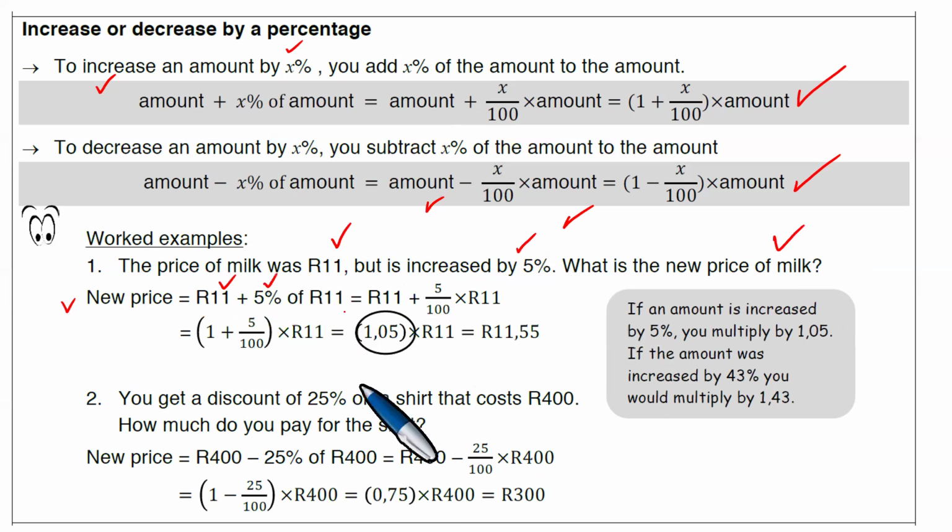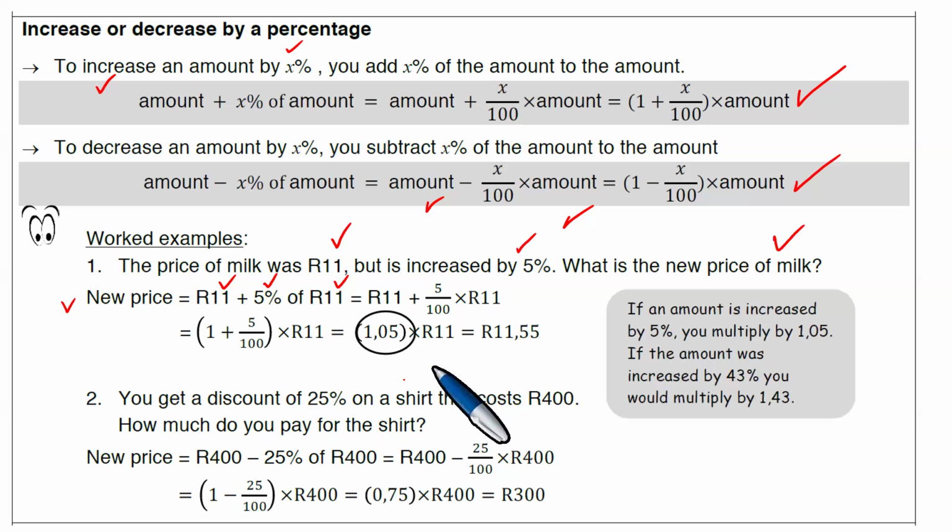So we add 5% of 11 rand: 11 rand plus 5 over 100 times 11. The 11 rand we take out, and we have 11 times (1 plus 5 over 100).